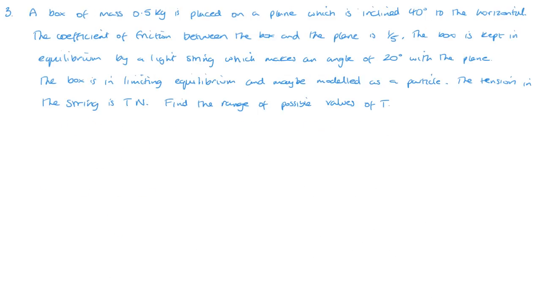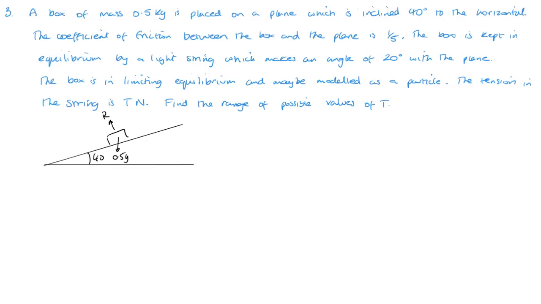So we've got another box in this question, and it is placed on an incline slope of 40 degrees. So I'll just sketch that quickly. So that's 40 degrees. I've got my box and the normal reaction there, 0.5 G going down.